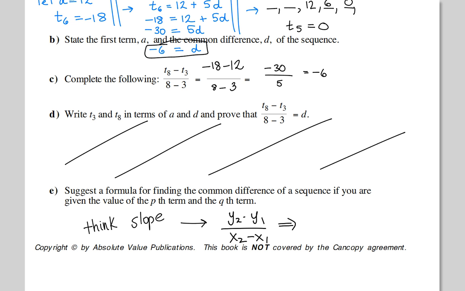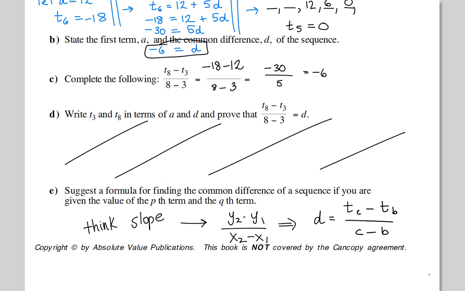What you get here is a formula for D. So let's say it was like TC take away TB, all over C minus B. It's just like slope. It's kind of like some f at x, take away another f at x, all over x, take away the other x. It's just a slope formula.